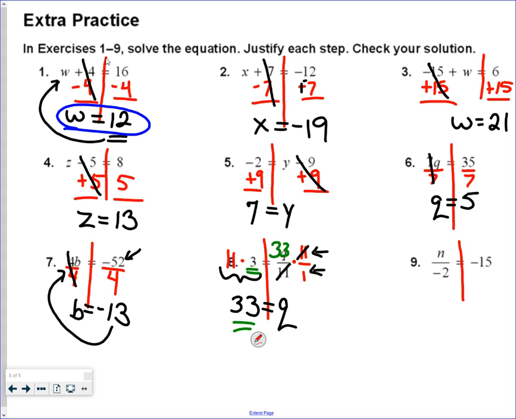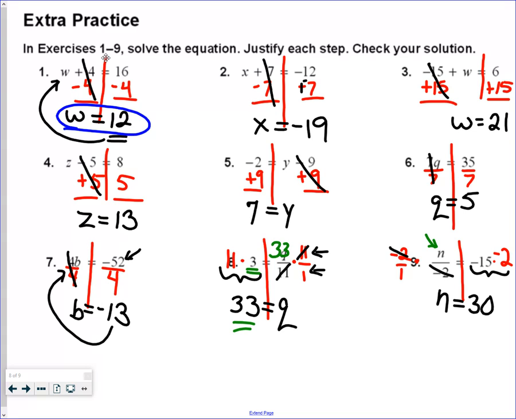Okay, the last one, now I'm going to multiply by negative 2, or negative 2 over 1 if you want to. What does that do? All that does is cancel those out, and a negative times a negative is a positive. So again, if I put a 30 in for n, does it work out?